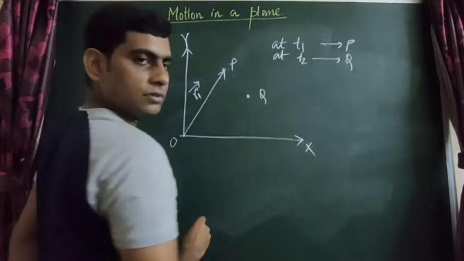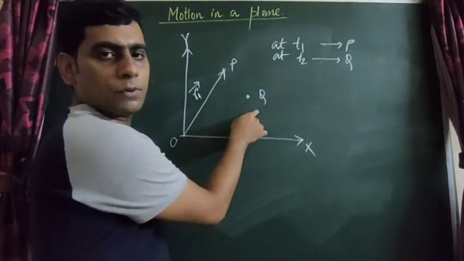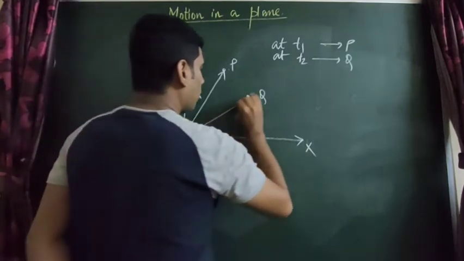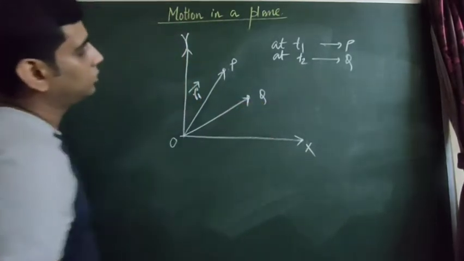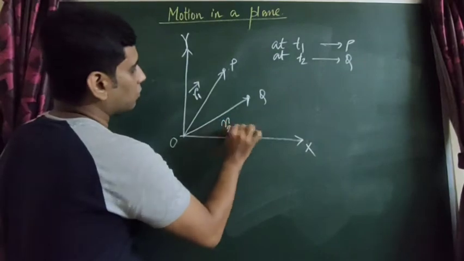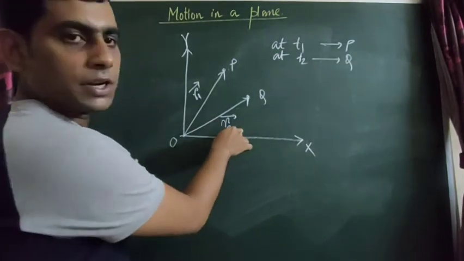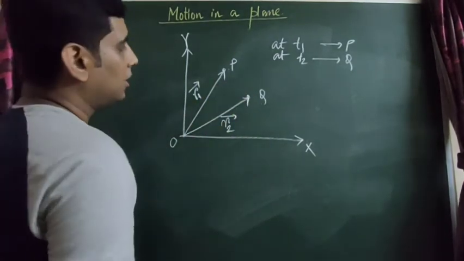This is Q. So what is the position vector of Q? I have to draw another vector from the origin towards the point Q. Let it be r2. So r2 is the position vector of the point Q.